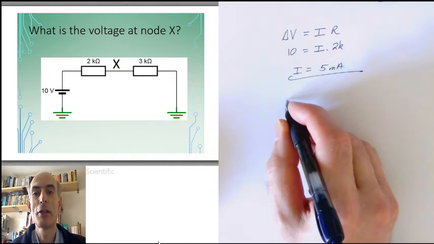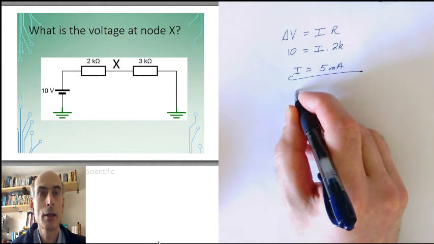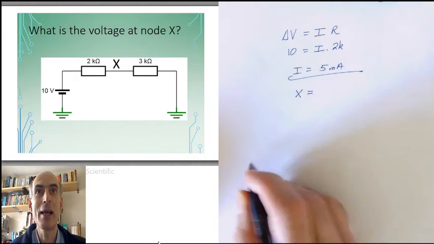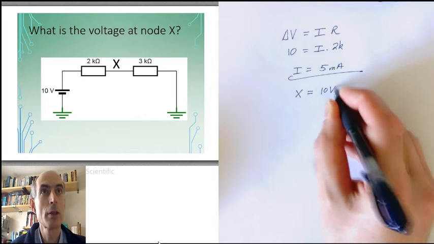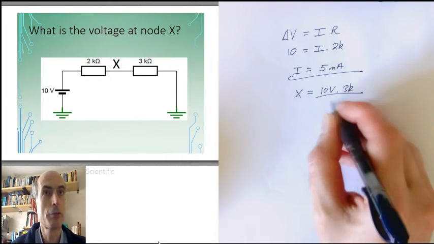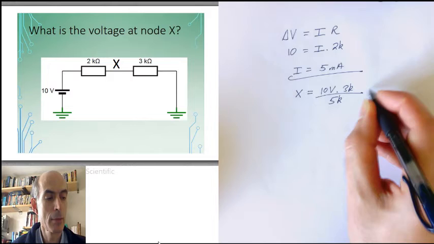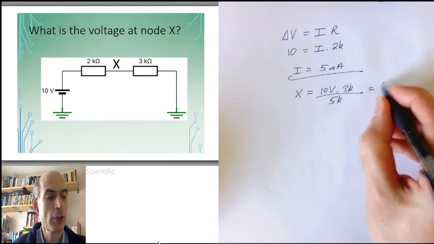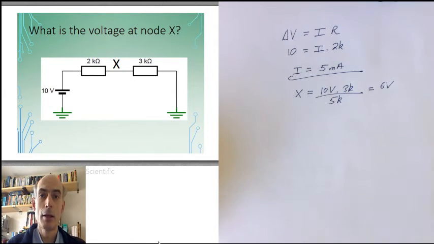We can just apply the potential divider formula and determine that X is 10 volts times 3K divided by 5K, which in this case would give us 6 volts. If we wanted to work out the currents in this circuit, we could just combine these two resistors in series, determine that together they behave like a 5K resistor. You just add up the resistances of two resistors in series.